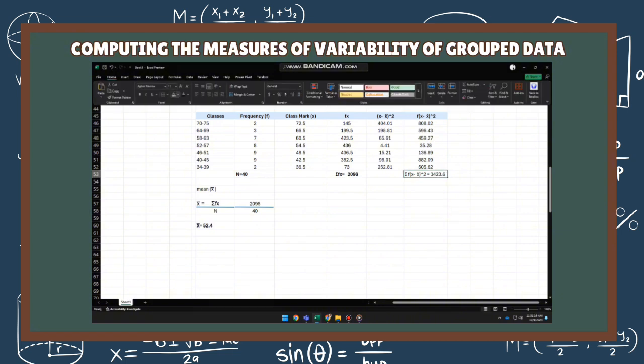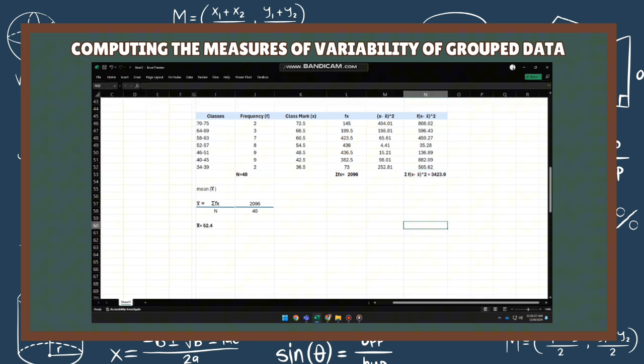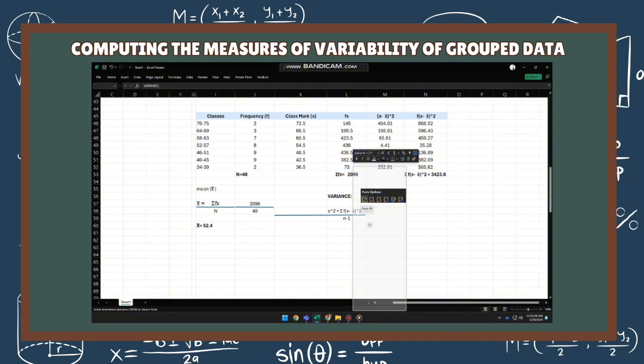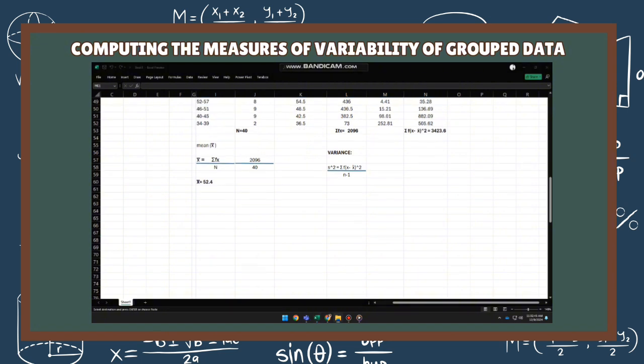So, ayan yung ating sum. After natin ma-solve lahat to, pwede na tayong mag-compute for the variance. So, the variance is s squared equals the summation of f times x minus mean squared divided by n minus 1.